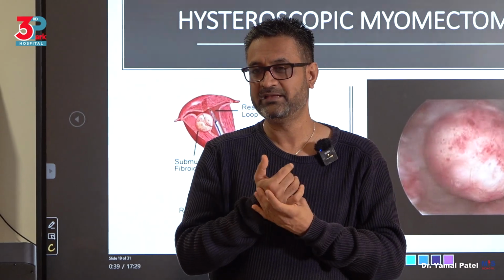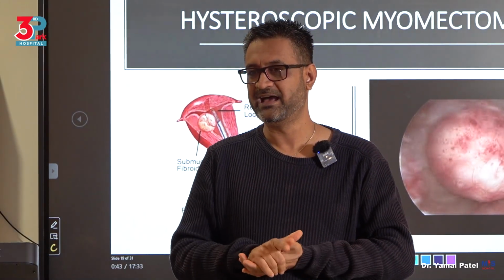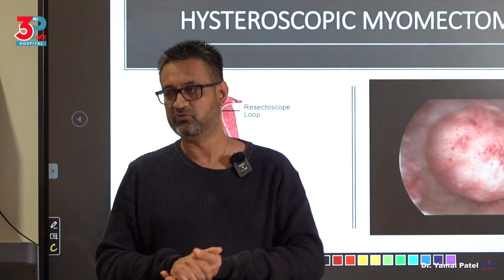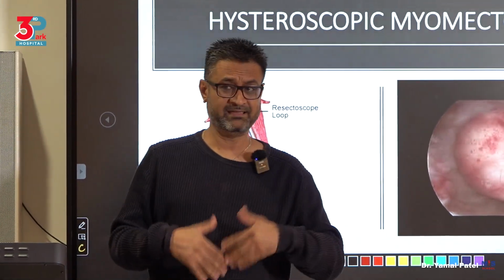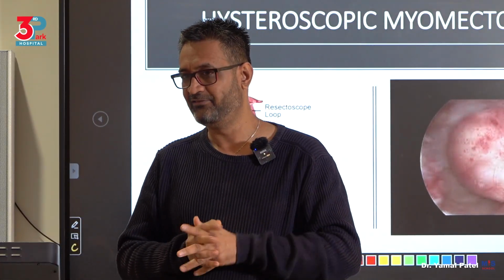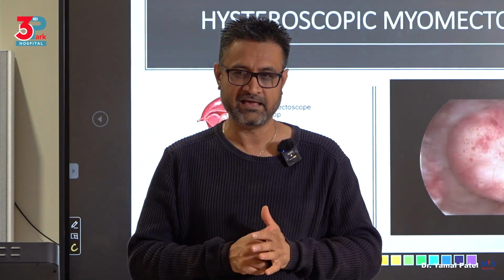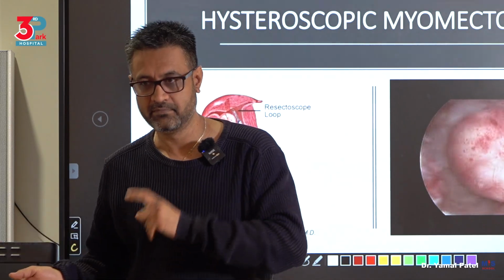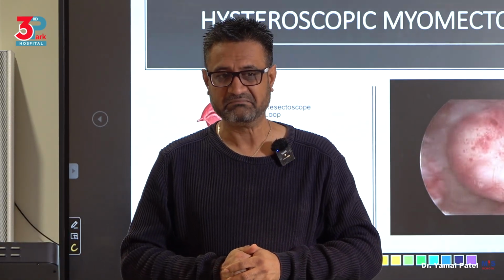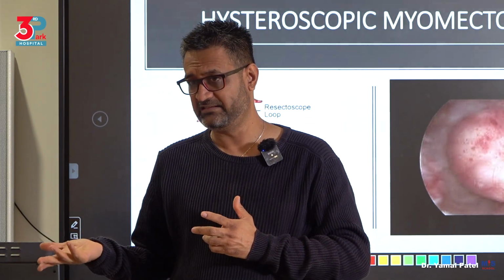All right, so Asherman's uterus is already damaged. You use energy, you may damage it a bit more. I mean, it will open the cavity up. There's no problem. It will be very good because there'll even be no bleeding. But you know the problem? The problem is Asherman syndrome already has damaged endometrium. You get what I'm saying? There is very little endometrial tissue in Asherman syndrome as it is.